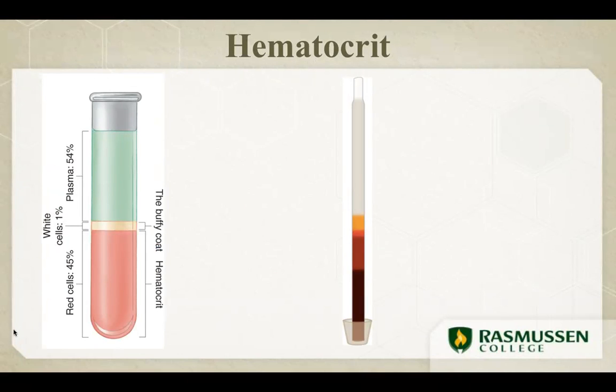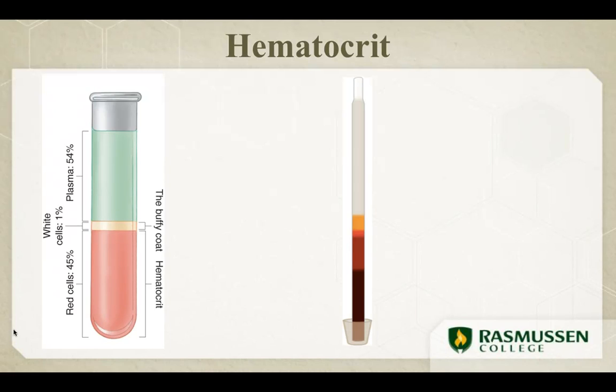Next, we have a hematocrit, and this will test the percentage of packed red blood cells in the total volume of blood. In order to do this, a blood sample is collected in a tube, then placed into a centrifuge, which will spin for about 15 minutes.